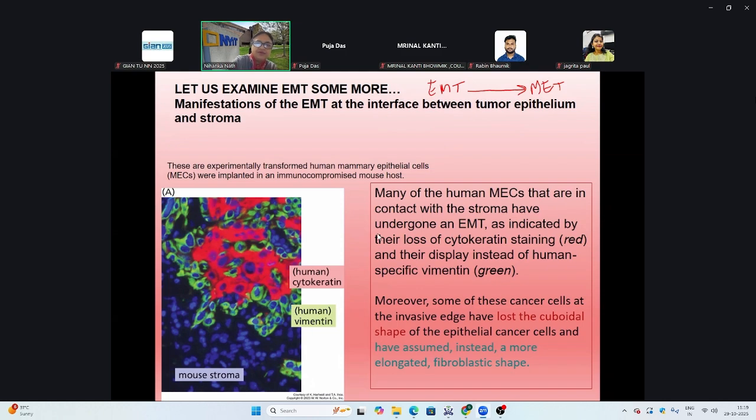What we're looking for in this mouse are EMT cells. We're looking for epithelial cells, and we're looking for mesenchymal cells. We're looking at the border of the tumor epithelium, at the border of the tumor and the stroma. So we create a tumor, and we are at the border of a tumor and stroma.